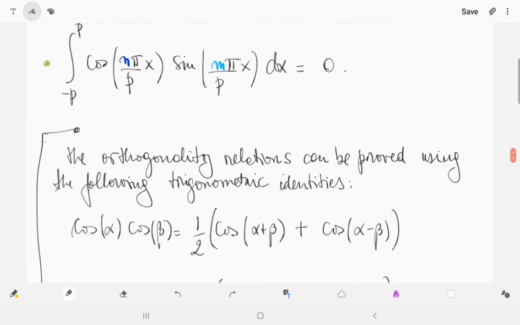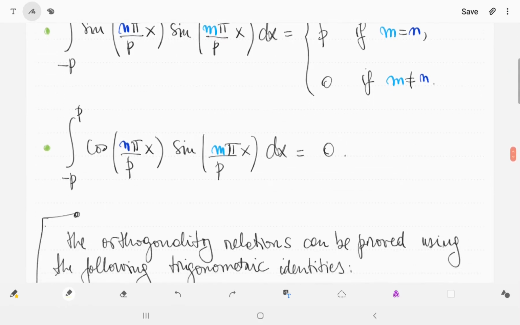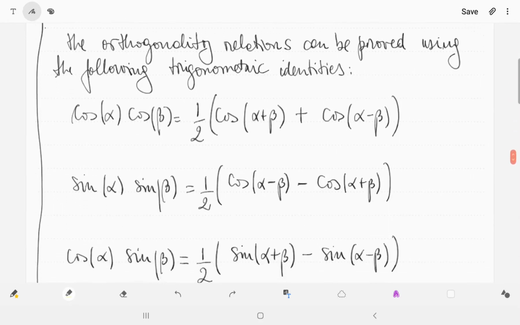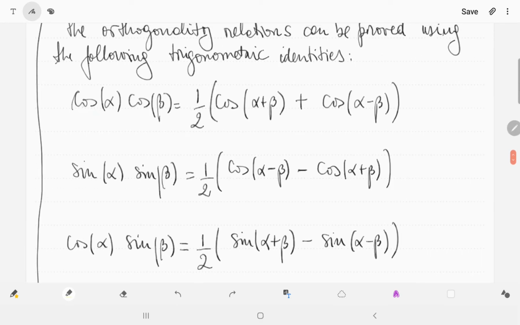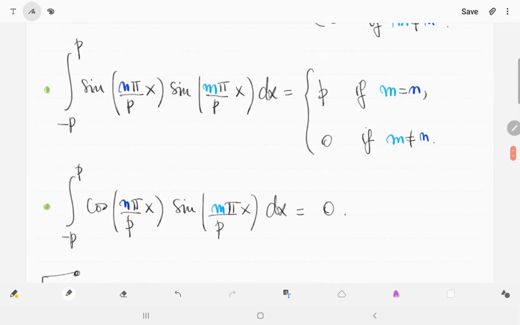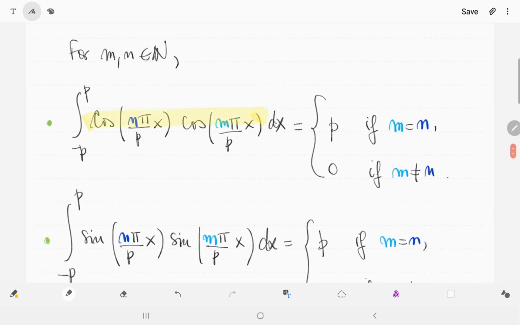And if you want to check these identities, which we are not going to check now, you can use these trigonometric identities. For the first one, you will need this simplification of the expression when we multiply two cosine functions, cosine of alpha times cosine of beta. We have this identity, and this identity will help to integrate this first integral.